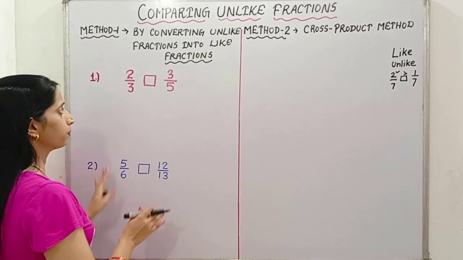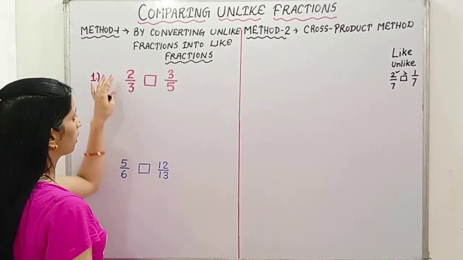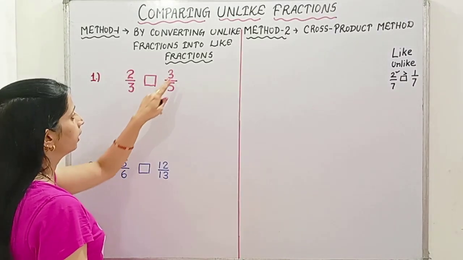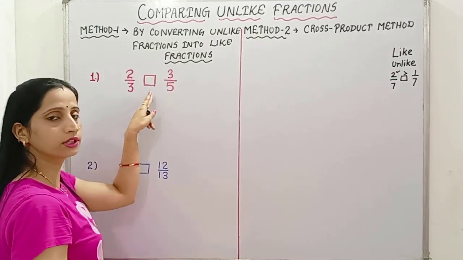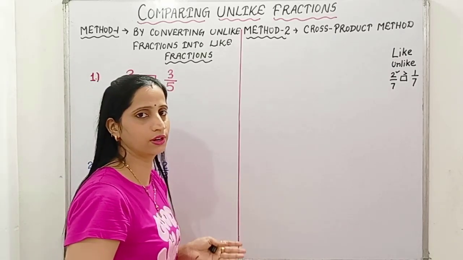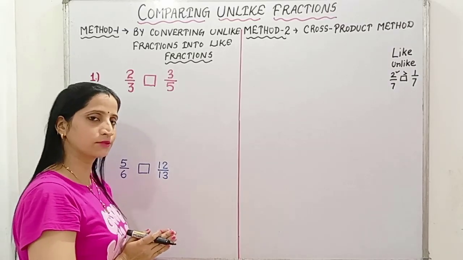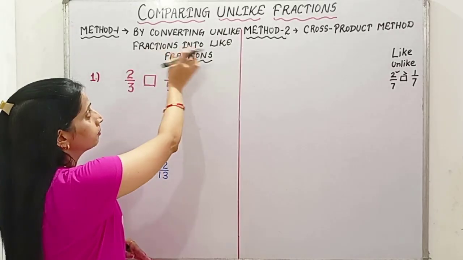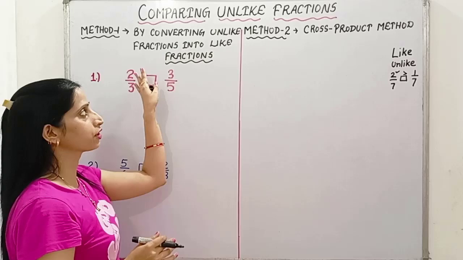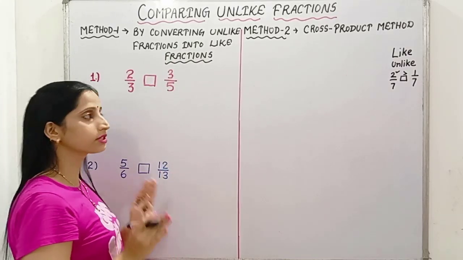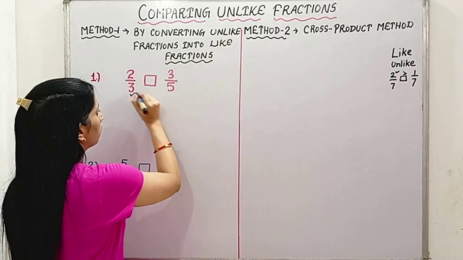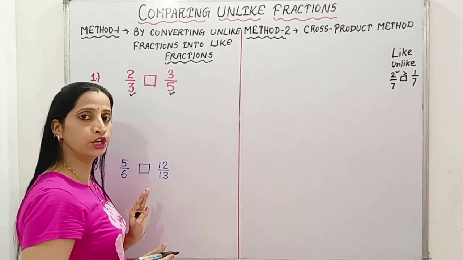So let's begin from the first sum. Two fractions are given, 2 upon 3 and 3 upon 5, and we have to put the symbol of greater than, less than or equal to. We have to compare these two fractions. Okay, so let's begin with the first method. For converting the unlike fraction into like fraction, our first step is to take the LCM of the denominators.